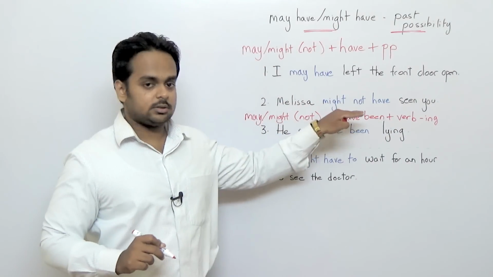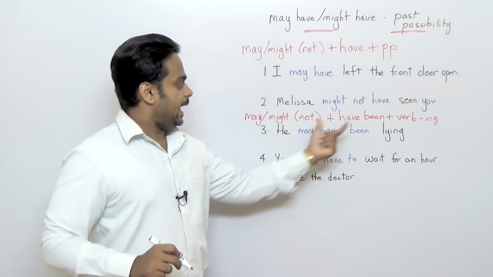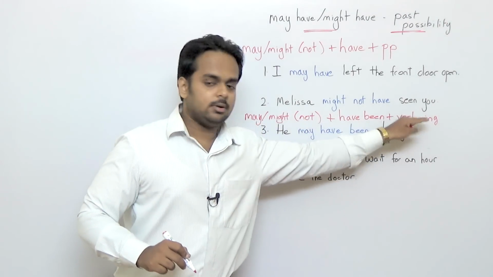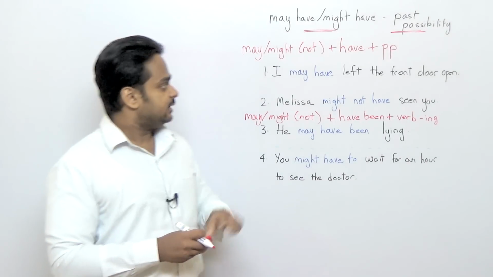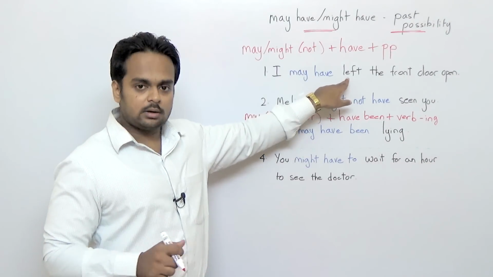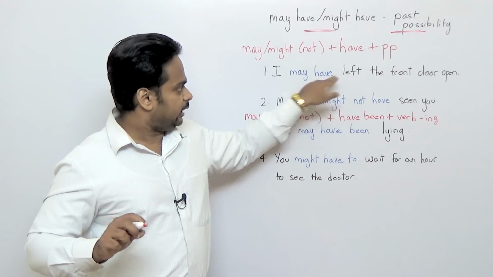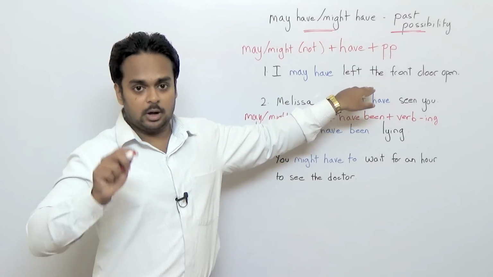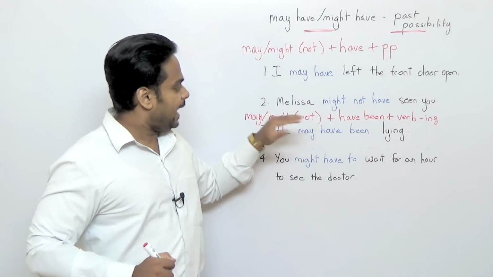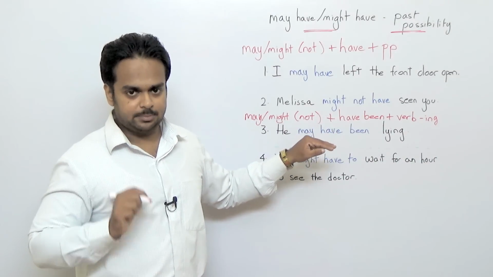This is a fixed form. May or might, not being optional, and then have been, and then verb in the ing form. The difference between these is this is used to talk about one single action in the past, a finished action, and we're making a guess about a finished action in the past. And here we're guessing about a continuous action in the past.